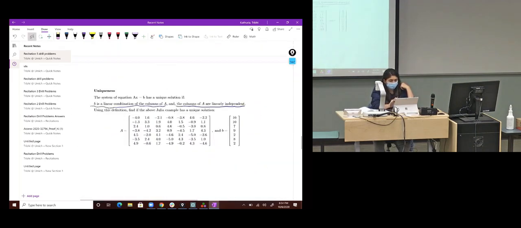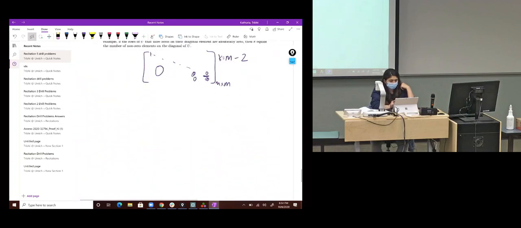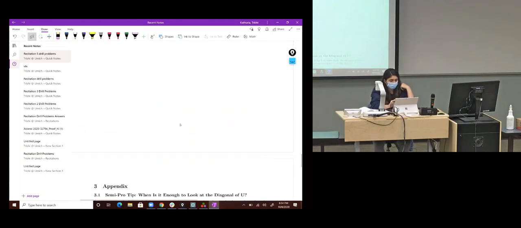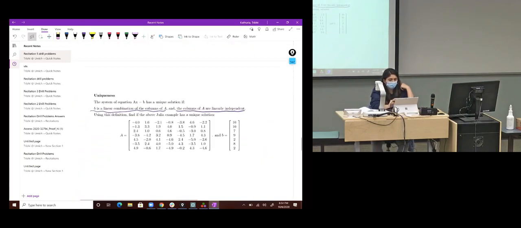So if all the columns of A are linearly independent, what does that mean? Well, that means that P of A transpose A equals LU, and then U has no 0 element on the diagonal. Right?